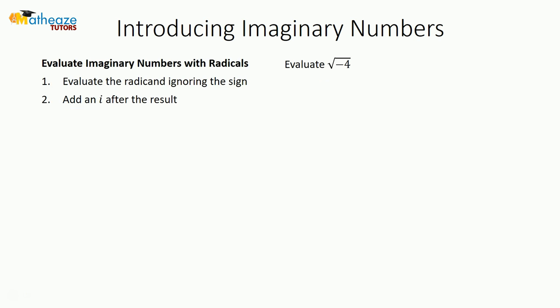Now let's look at how we can evaluate an imaginary number from a radical. Here we have the square root of -4.